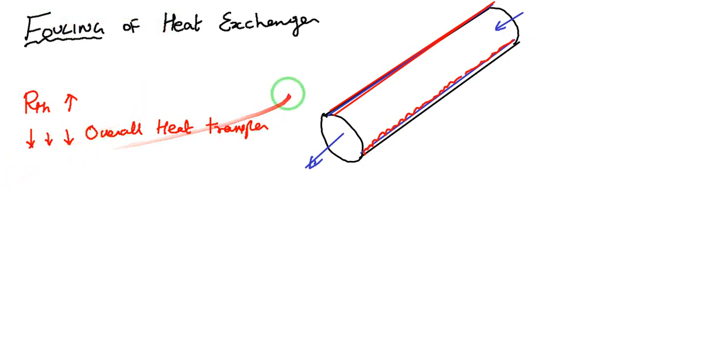We need to remember one thing. How is this happening? We need to understand the flow of fluid. It may be water, but not all the time water. There may be some chemicals also.